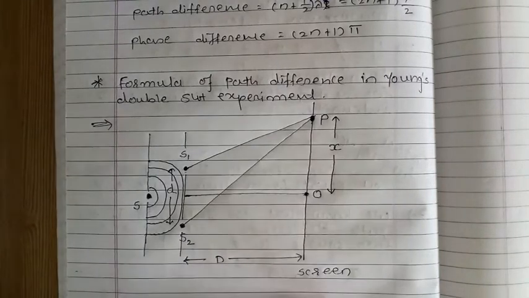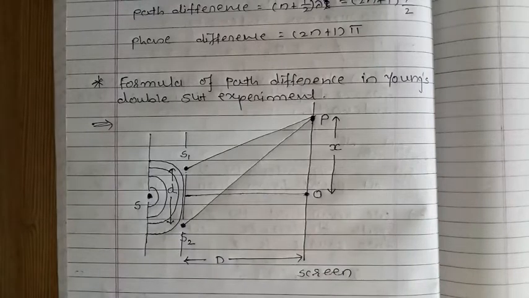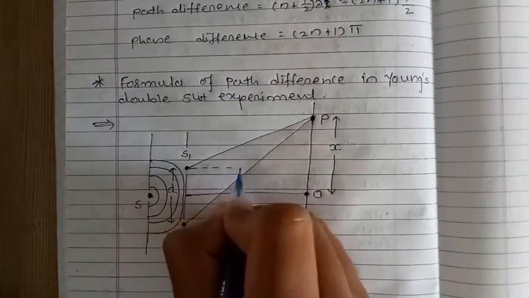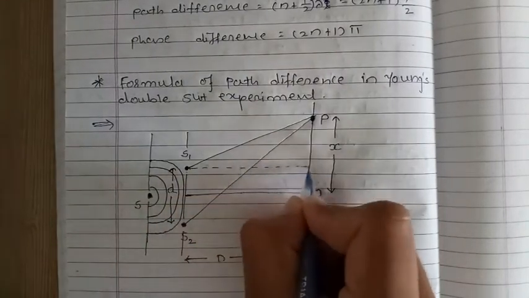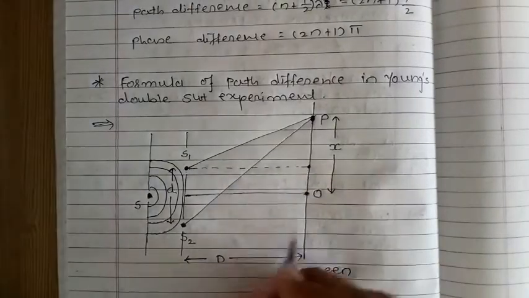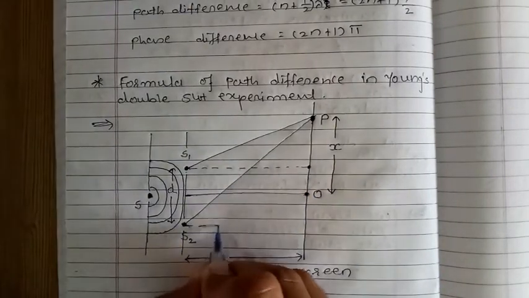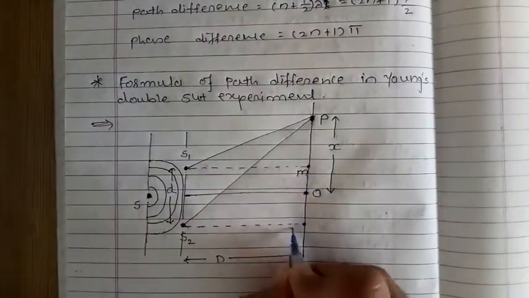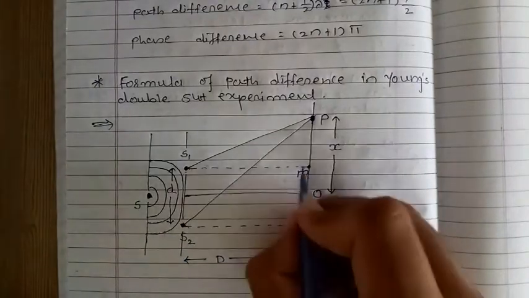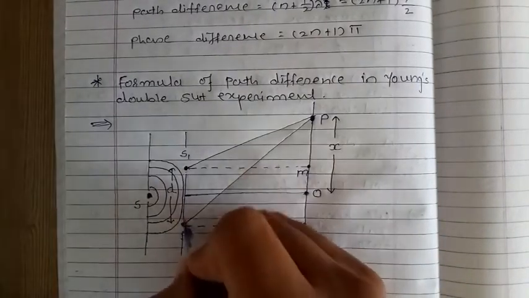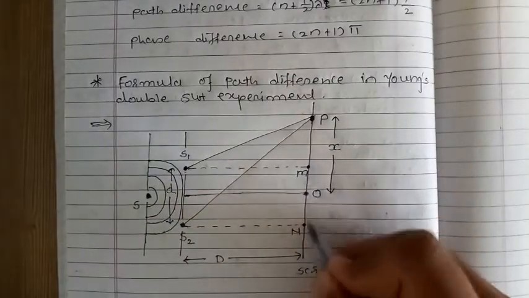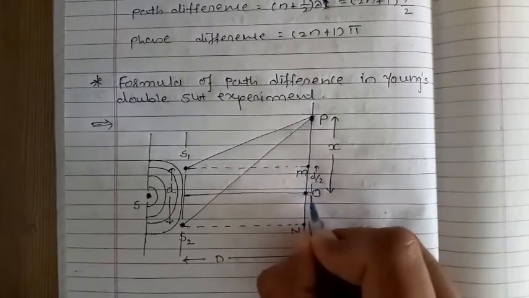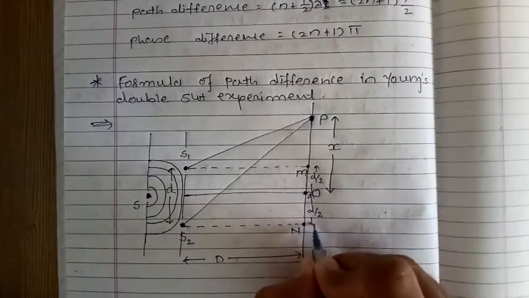So to find this path difference, here we consider that this is D. As we connect these points to the screen, this is point M and this is N. Now the distance between S1 and S2 is small d, so M to N is also small d. So this distance is d by 2, right, half, and this distance is also d by 2.